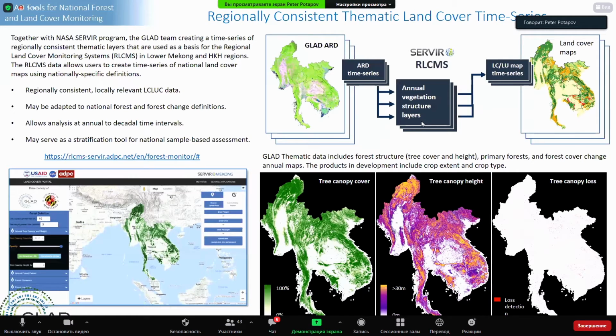Here is our cooperation with NASA SERVIR. We did another program together with them for the Mekong River. This software is available on the website. It's updated once a year, and in the system we used LIDAR data to produce a model and to calibrate the model that is applied to annual Landsat phenological metrics, and we can see the cover, the height, and several other parameters.